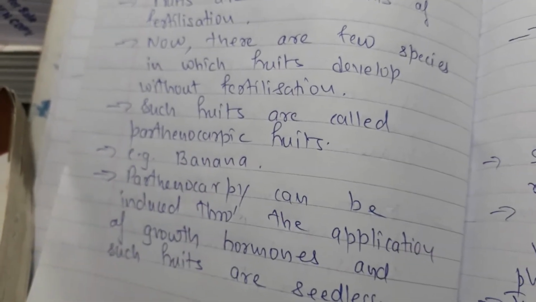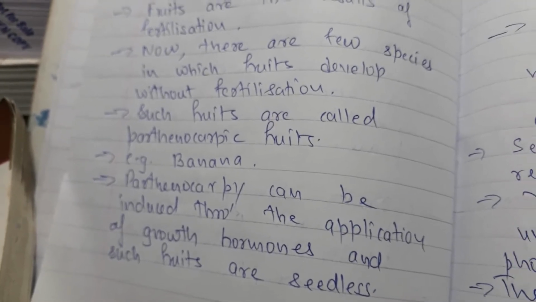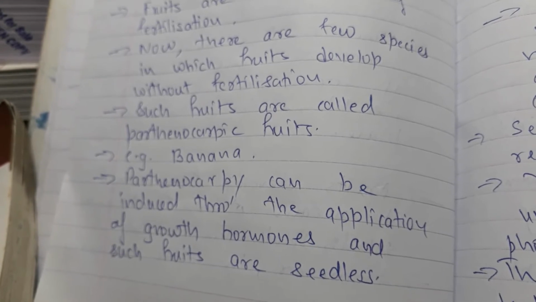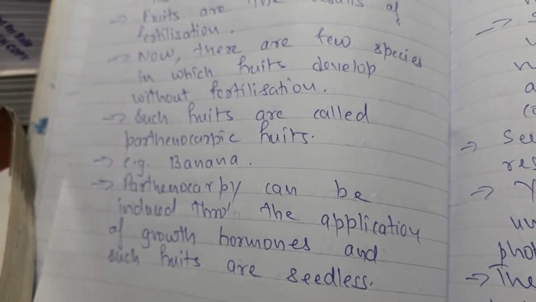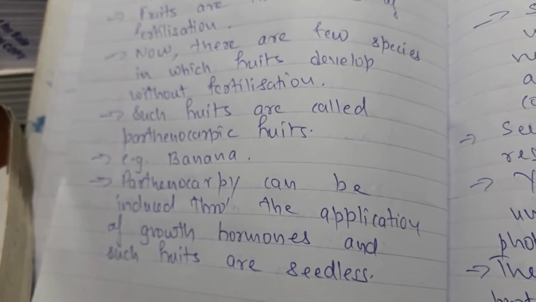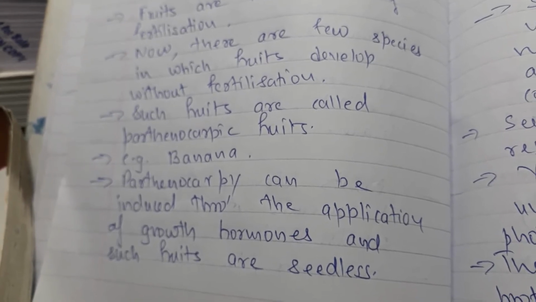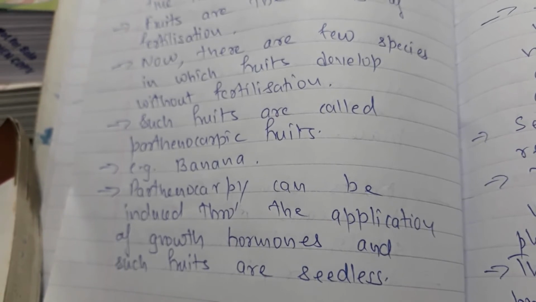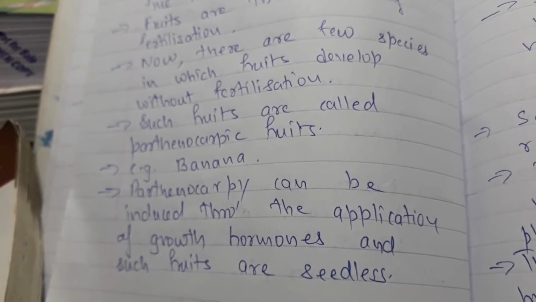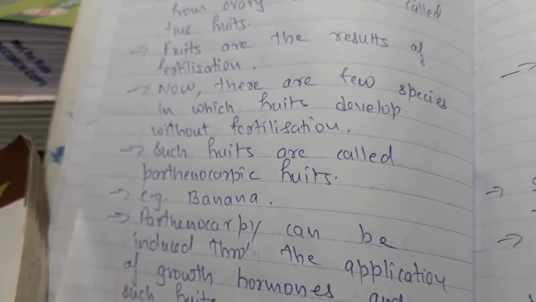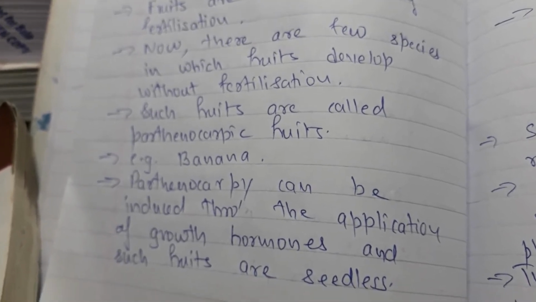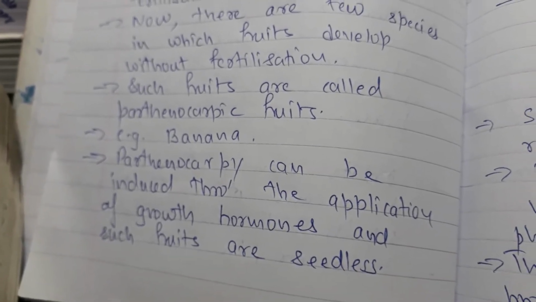While we were doing reproduction in the previous chapter, animals, at that time we had seen that some of the eggs are not fertilized and the young ones come out from the unfertilized eggs. Examples are the insect aphids and the agama lizard. I had told you that eggs are not fertilized. There is no male. All are female. So such a thing takes place in plants also.